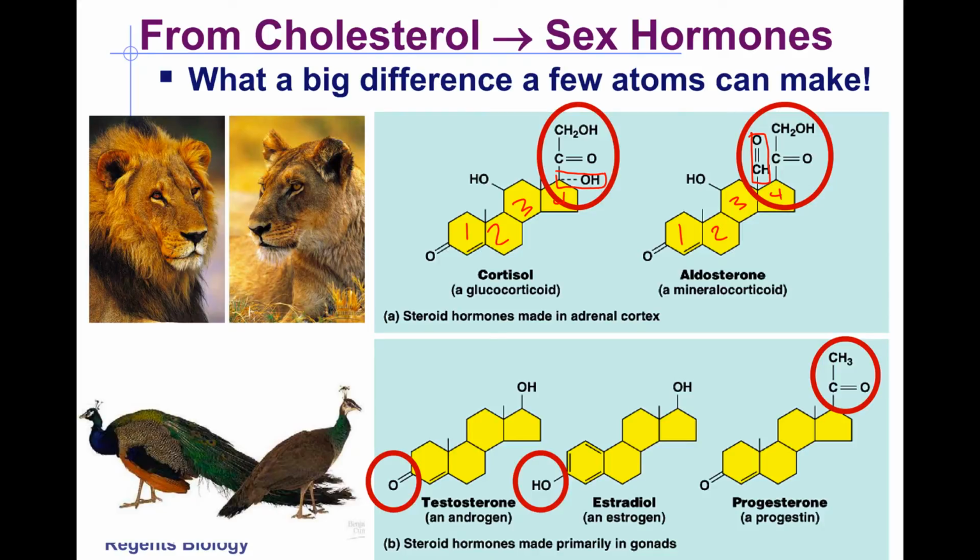Well, just the moving around of a few molecules, or the exchanging of one molecule for the next, can make a huge difference in terms of whether you're looking at a male hormone or a female hormone. If you move to the image down here, same thing. Here we're looking at testosterone, which we kind of associate with males, and here is estradiol or estrogen, which again we associate with females, and then there's progesterone.